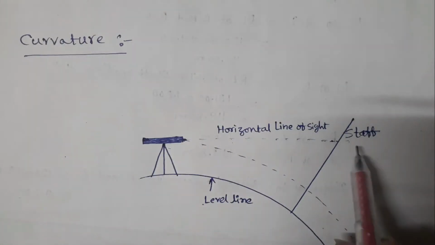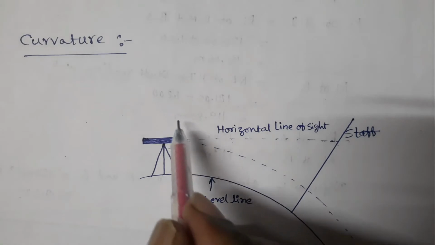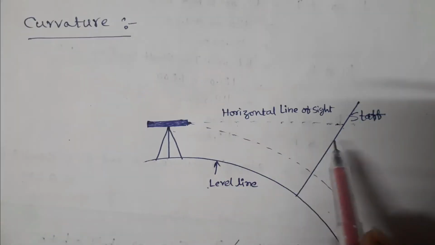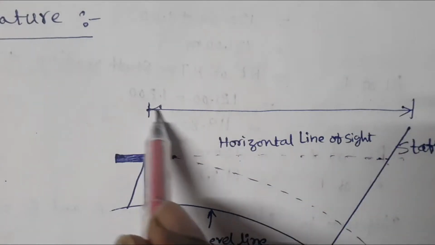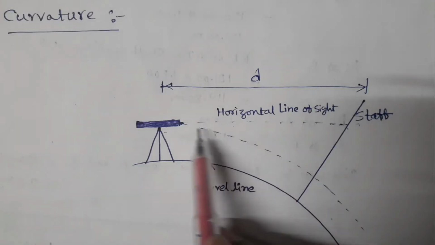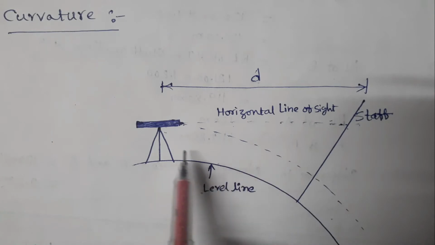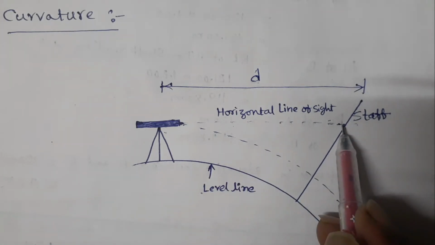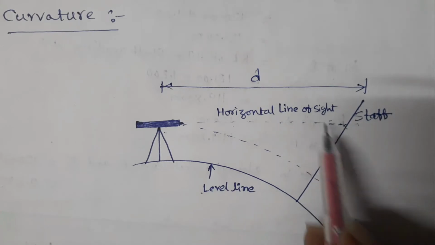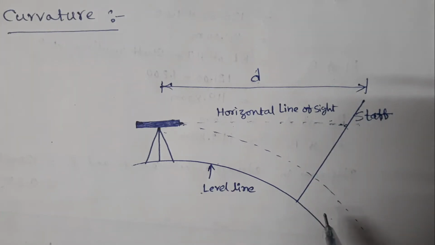See, this is the instrument and it is leveling staff. The distance between instrument and leveling staff is d kilometers. And this is the line of sight and this is the level line. This vertical difference between line of sight and level line is known as curvature correction.